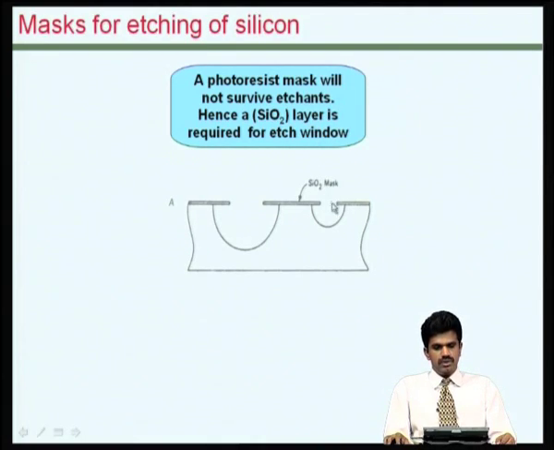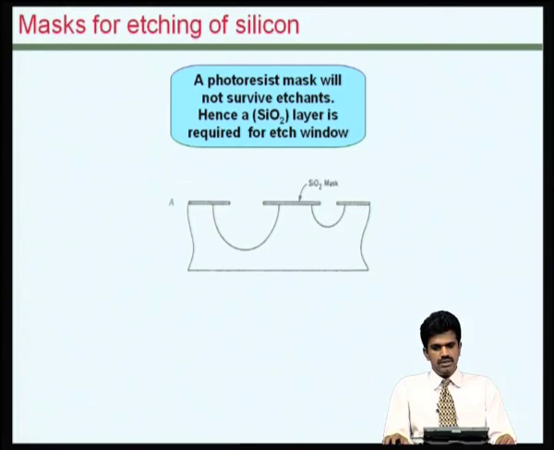Whereas for etching silicon, more powerful etchants are required and usually for a longer time, and during that time the resist may not sustain, and hence mask layers are formed for creating etch windows.